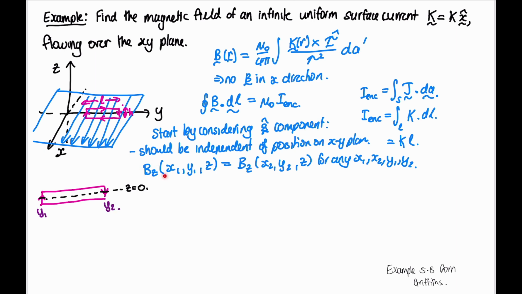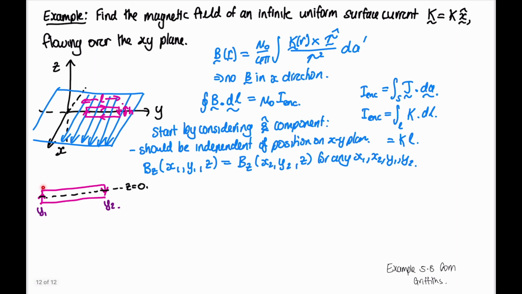And we've just said that in the z direction, it needs to be independent of y. So we can argue that the magnetic field here is the same as the magnetic field here. But in this case, dl is going up, and in this case, dl is going down.